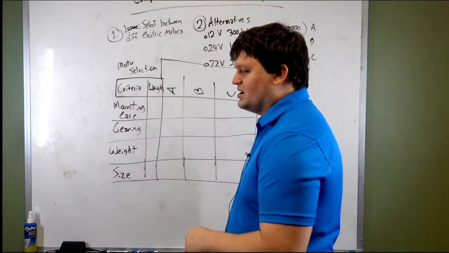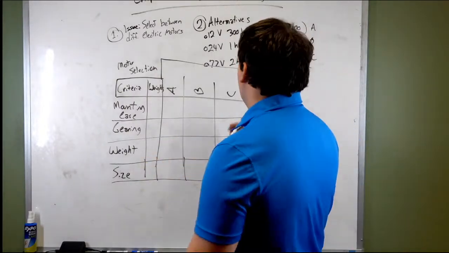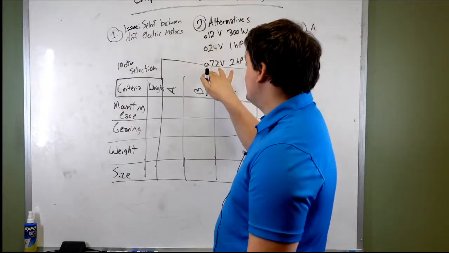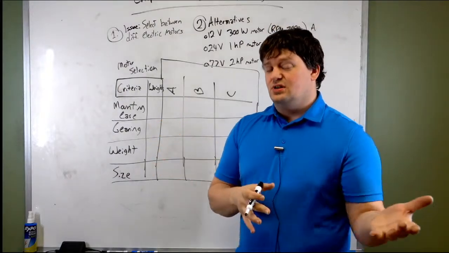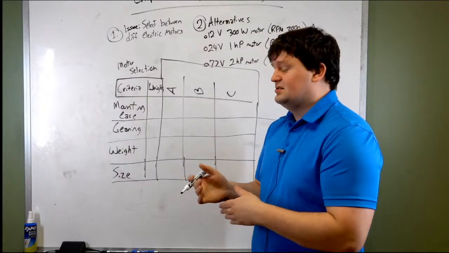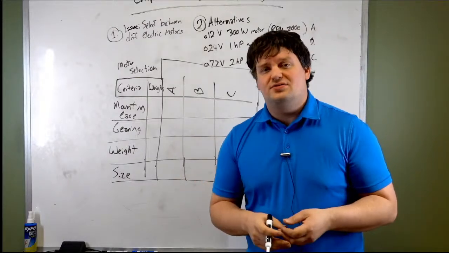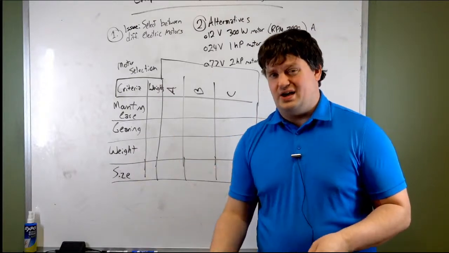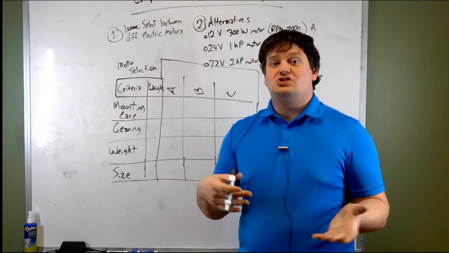And then you can talk about cost of the electric support system. If this is a 12 volt system, this is a 24 volt system, and this is a 72 volt system, I could get a converter that goes between 72 and 12 volts. But ultimately, what kind of battery am I going to need for this system? Is it going to be a 12 volt? A 24 volt? A 72 volt battery? Each one of those battery systems is much different.